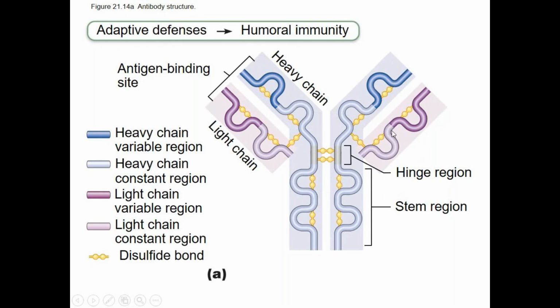You can see here that the light chains are short, heavy chains are long. And it's at the end of each of these arms where we have the variable region. So all of this is constant, variable regions out here at the ends. And this is where we actually are going to bind to the antigenic determinant, out here at these variable regions.